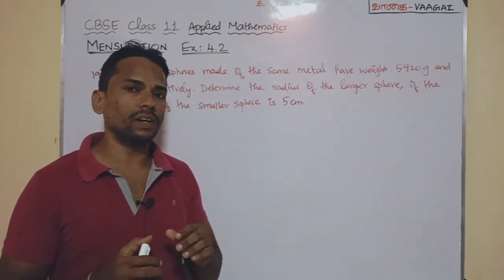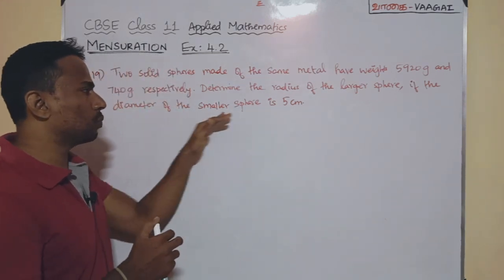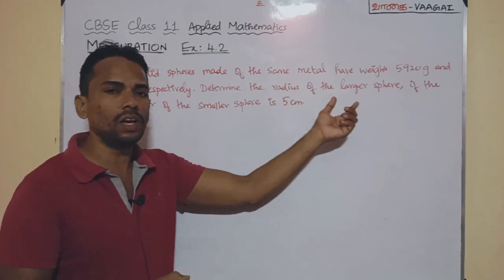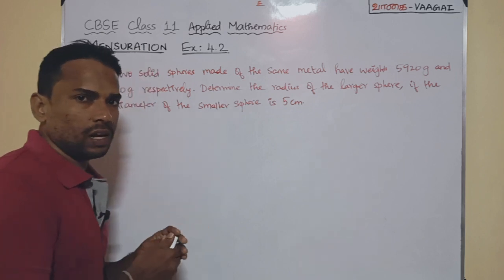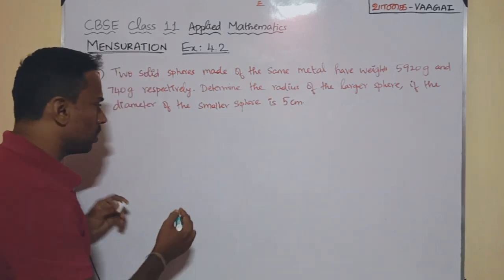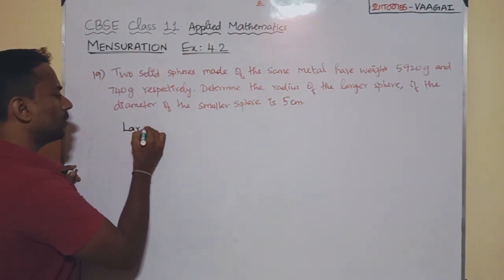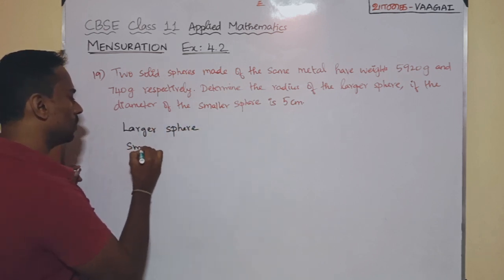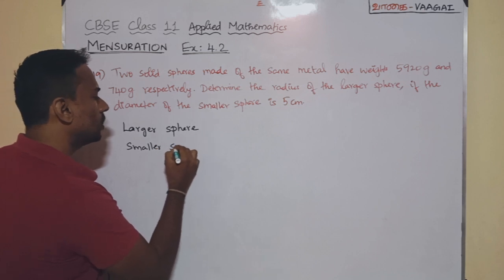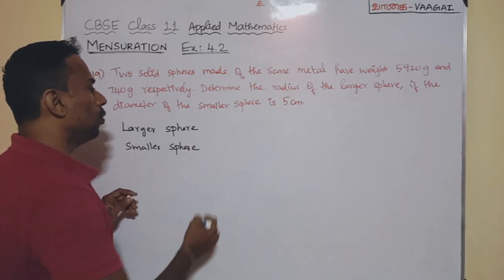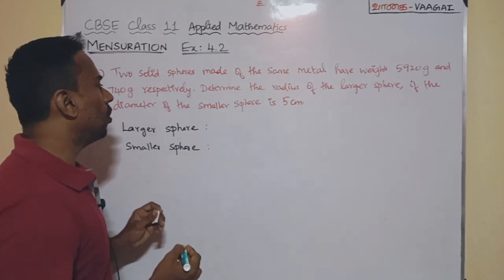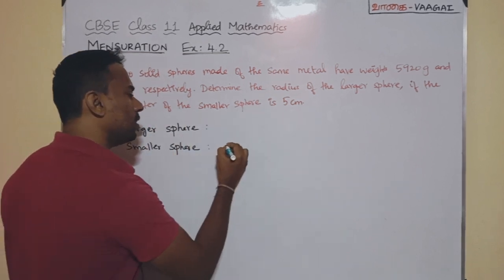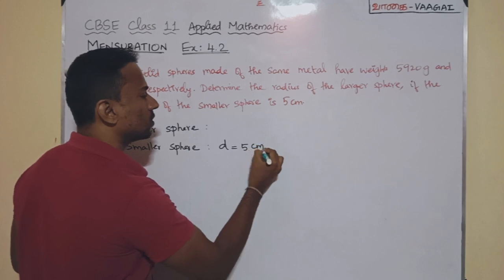They have given the diameter of the smaller sphere, and what we need to find is the radius of the larger sphere. So it is very clear that in this question there are two spheres. One is the larger sphere, and the other one is the smaller sphere. Let's clearly note this. We also know the diameter of the smaller sphere, which is 5 centimeter, given in the question.